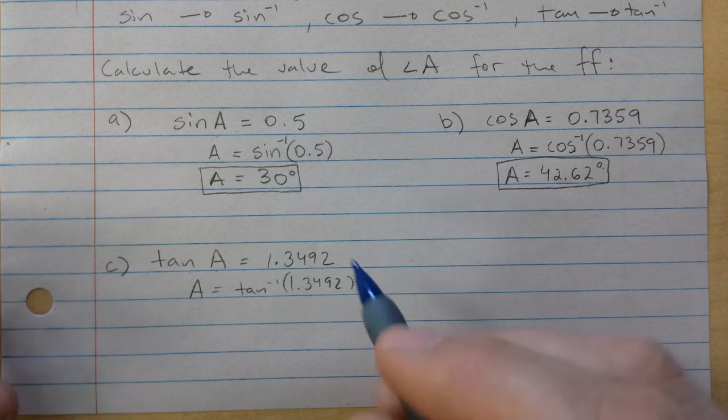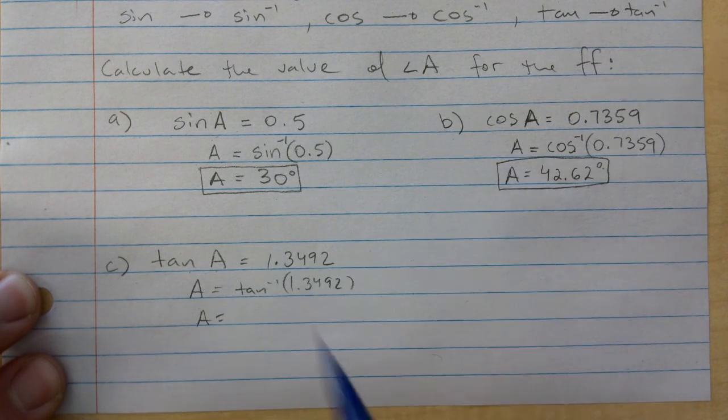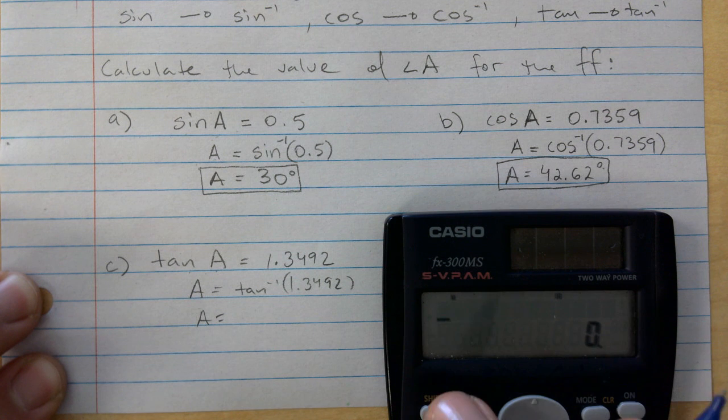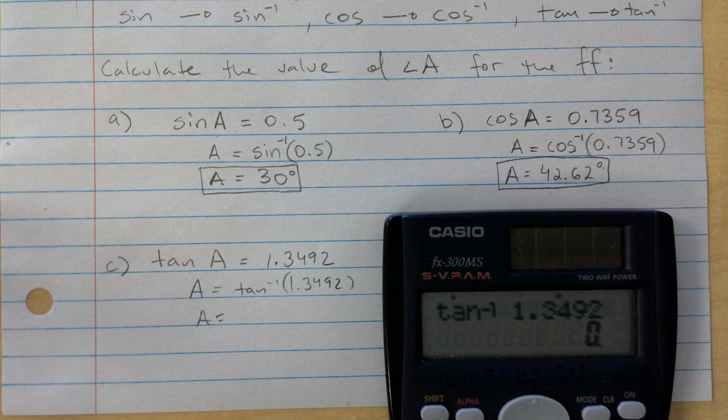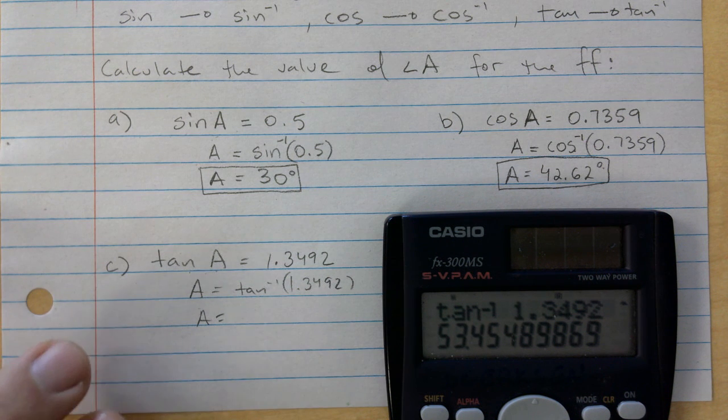If not, you're not going to get the same answers as I do. So here we go. Shift tan 1.3492 and hit equal. I would encourage you to quickly try that as well, and you get 53.45 degrees.